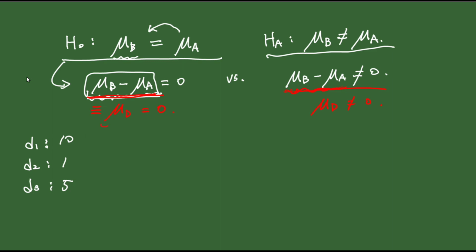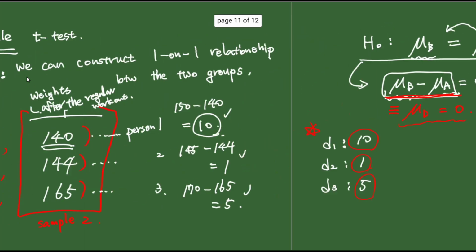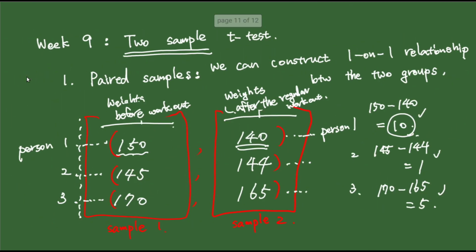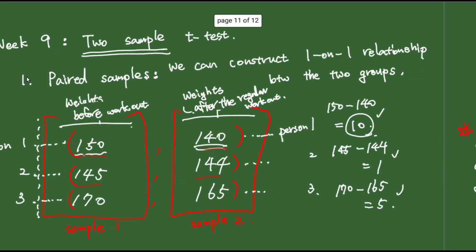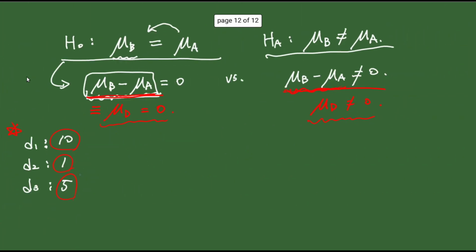So our null hypothesis is mu d is equal to 0, and our alternative hypothesis is mu d is not equal to 0, and our real data is 10, 1, 5, not 150 and 140, 145 and 144. Instead of these, we have only 3 numbers, right? So using this, we can do the one sample t-test.